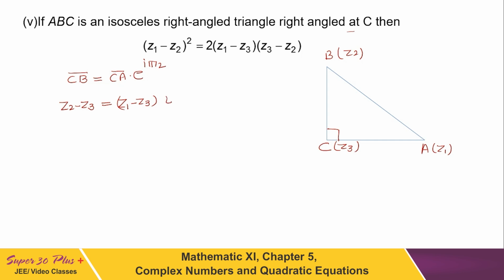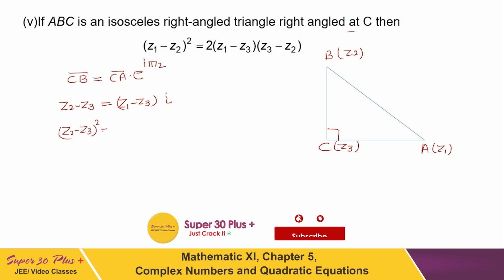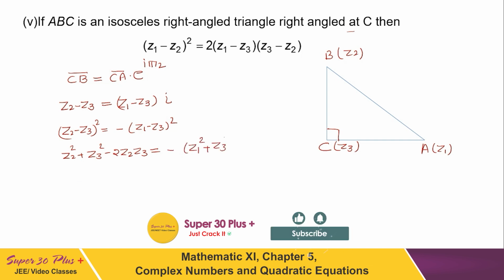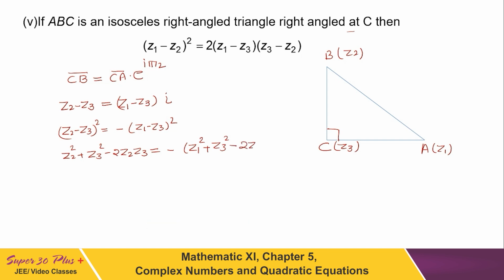It is iota. Now we are going to square on both sides. It is Z2 minus Z3 whole square is equal to minus Z1 square plus Z3 square minus 2 Z1 Z3. Now we are going to simplify it. It is minus Z1 square minus Z3 square plus 2 Z1 Z3.